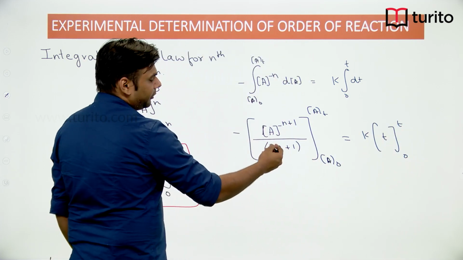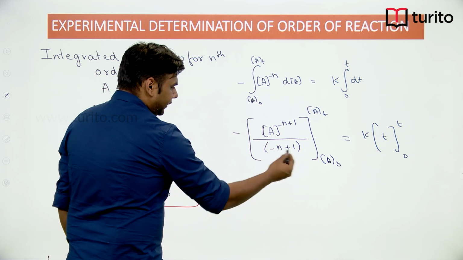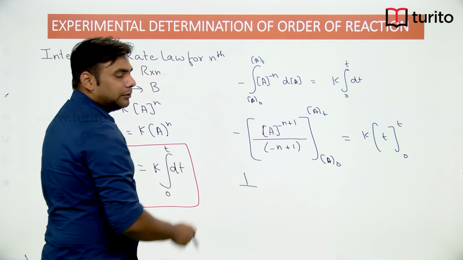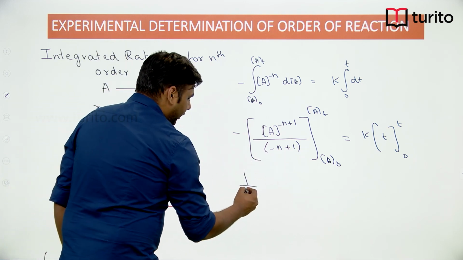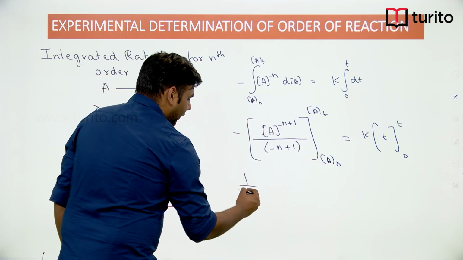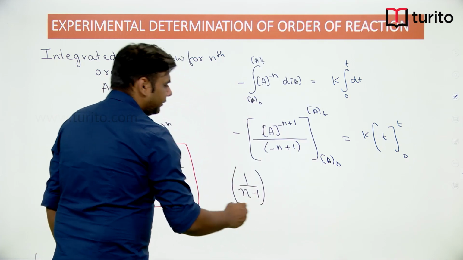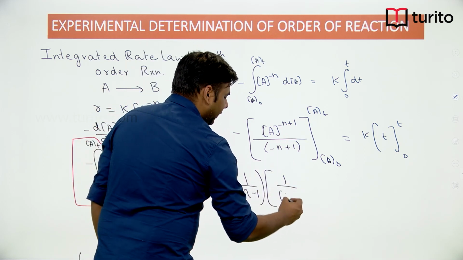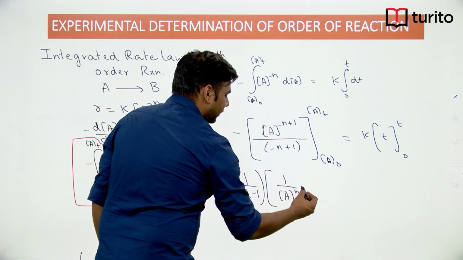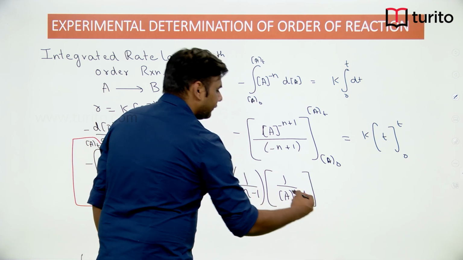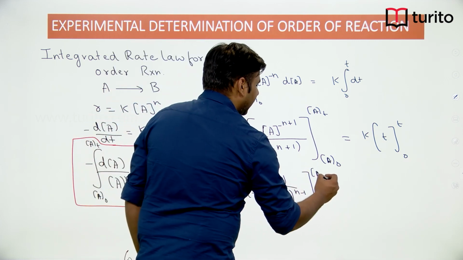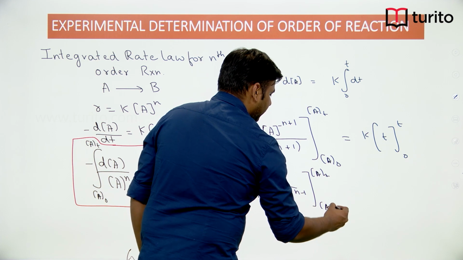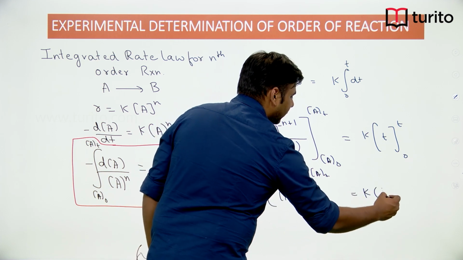We bring this outside because n is a constant. So this will become 1 upon n minus 1 into 1 by A raised to power n minus 1, between At and A naught. This is equal to k into t minus 0.